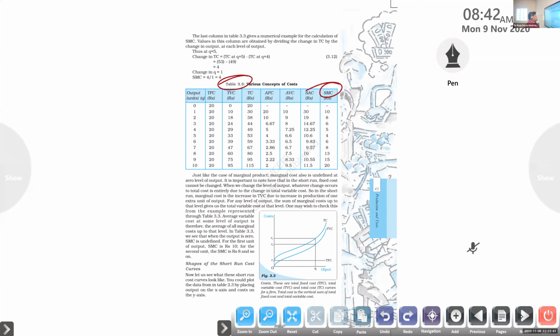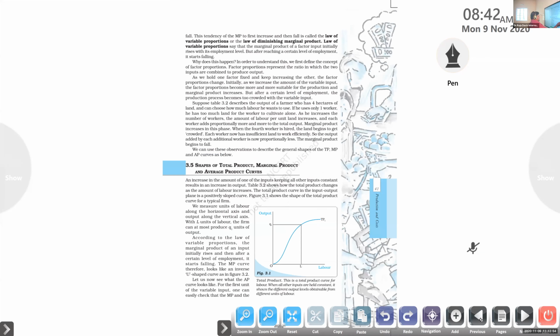Now, a number of diagrams are connected with SMC, SAC, AVC, AFC, TFC, TVC, and TC. We already studied total cost. This is the total product curve for labor when all other inputs are held constant. It shows the different output levels obtained from the different units of labor.